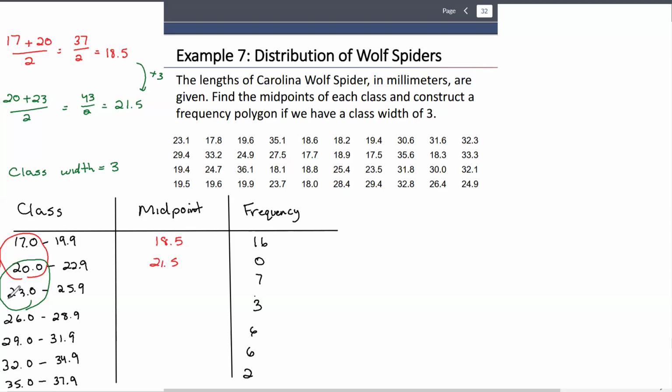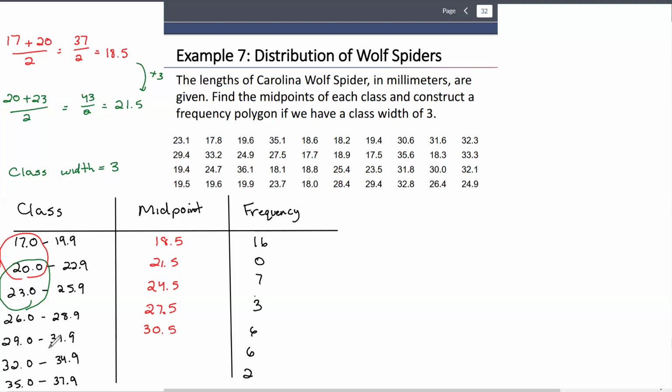So if you average next 23 and 26, you're going to average out to 24.5. If you average 26 and 29, then you're going to get a class midpoint of 27.5. If you do the average of 29 and 32, then you should end up with a 30.5.